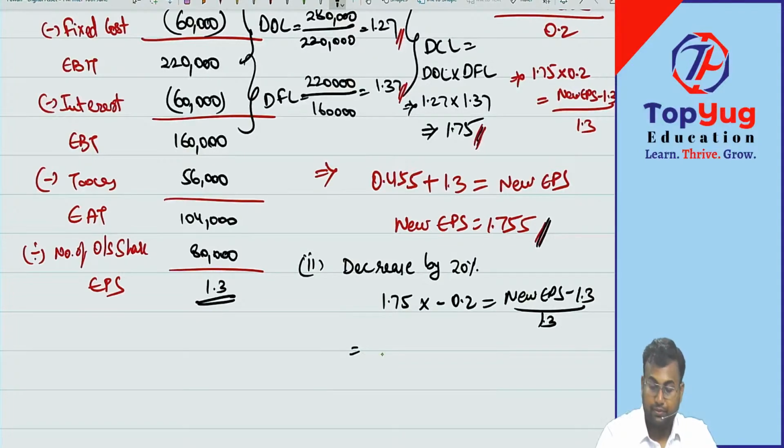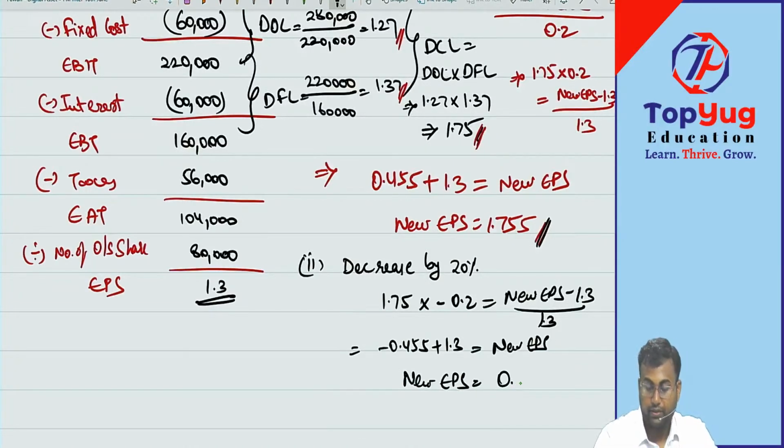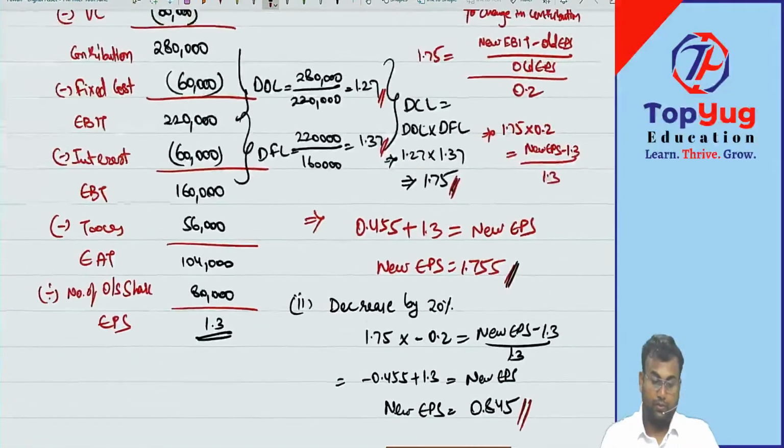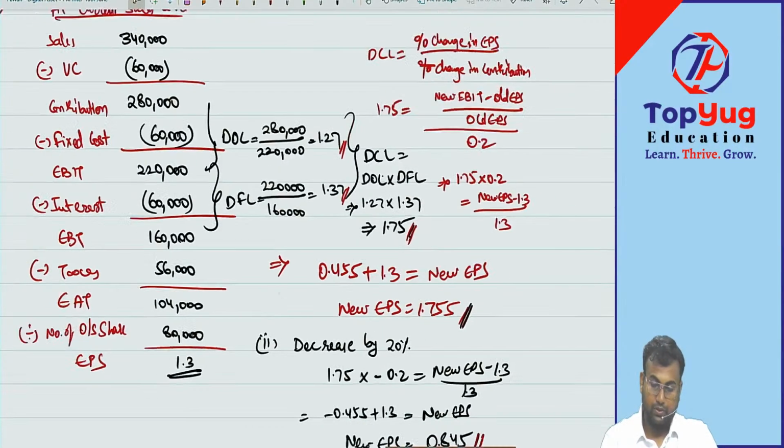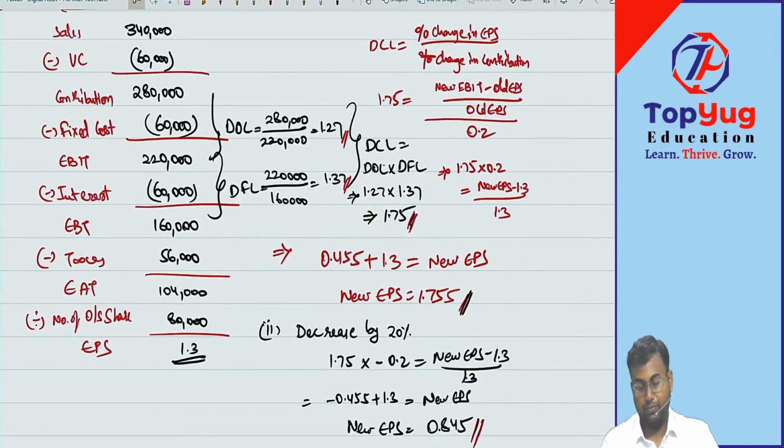So what would be the answer? Negative 0.455 plus 1.3 is equal to new EPS. So the new EPS in this case is also point. Done, simple. Make a note.